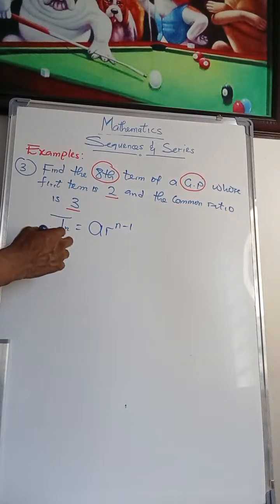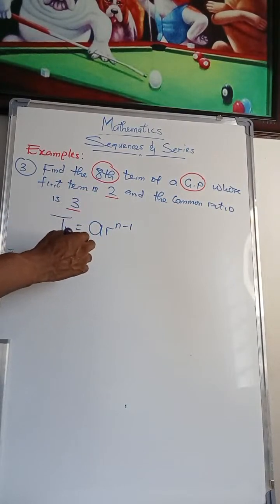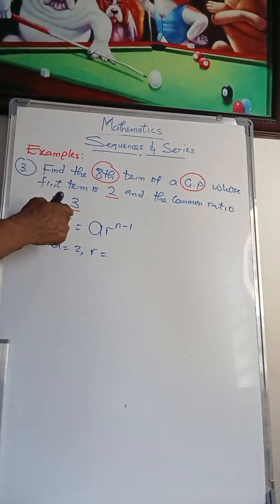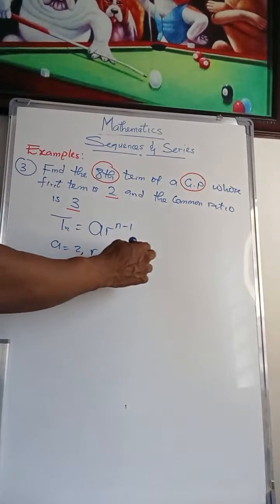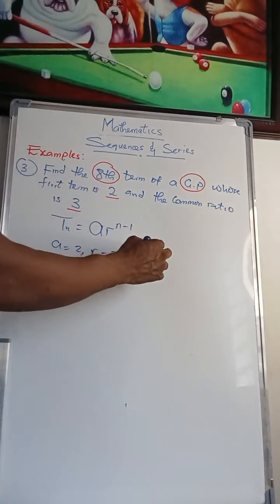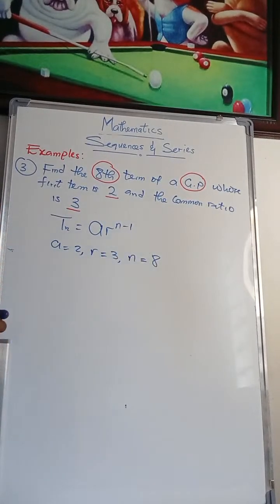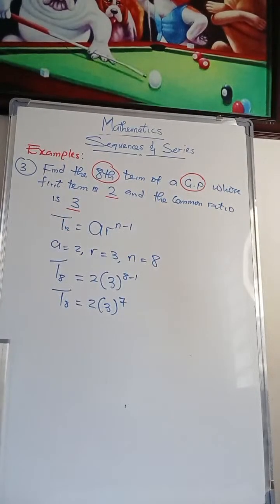Our A, the first term, is 2. Our common ratio, R, is 3. And our N, what is our N? The question says 8th term, so our N is 8. So let's just substitute those values.